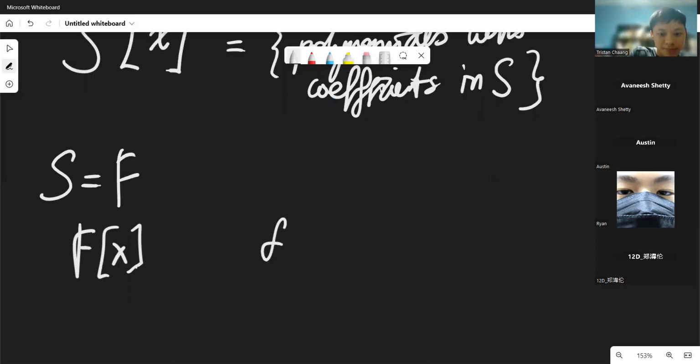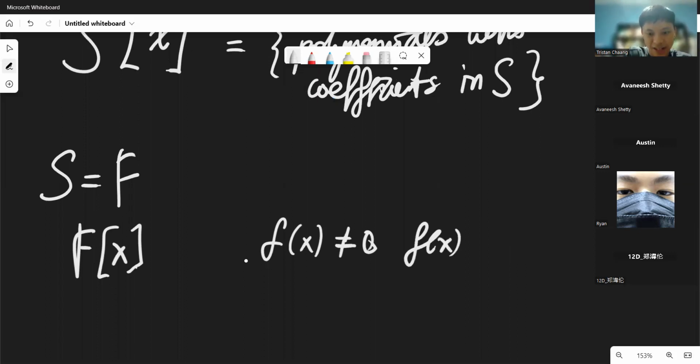So assume 2 polynomials multiply to 0. Well, I'll prove the contrapositive, sorry. Assume two polynomials f(x), g(x) are not 0. I will prove that their product must not be 0 at all.